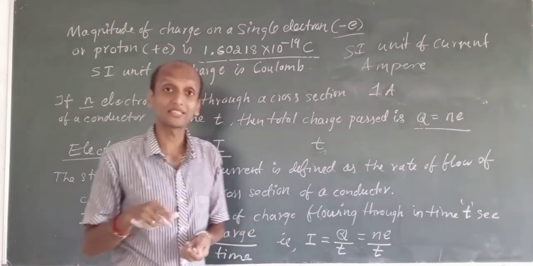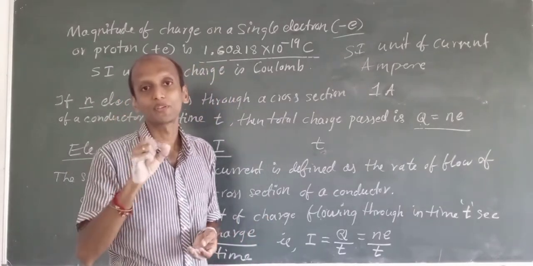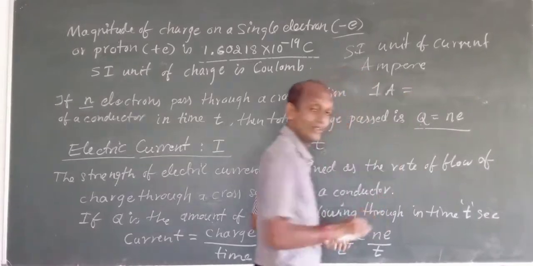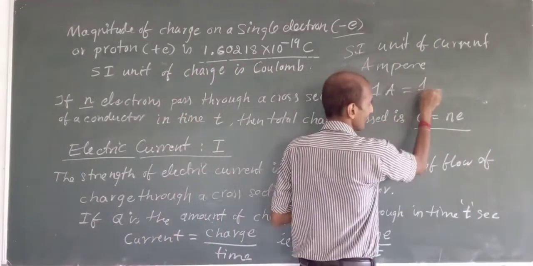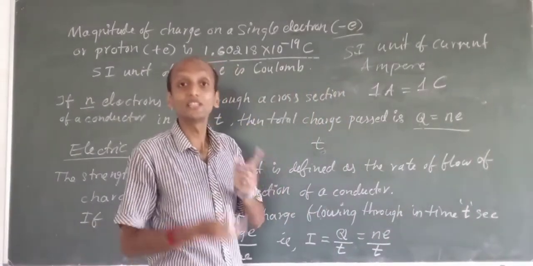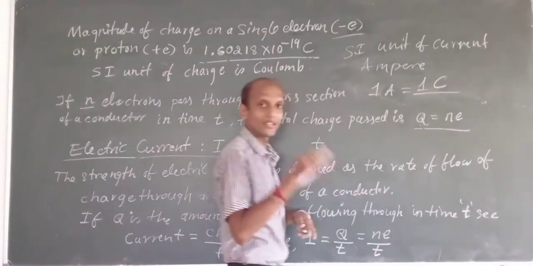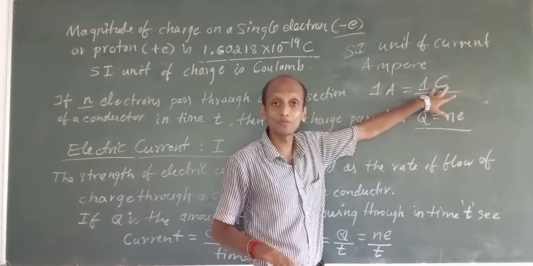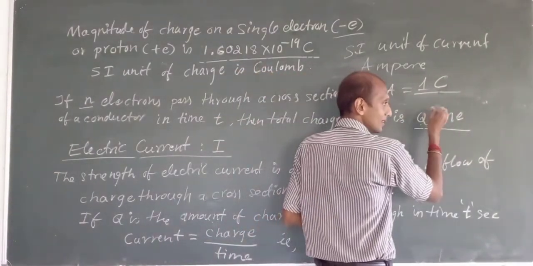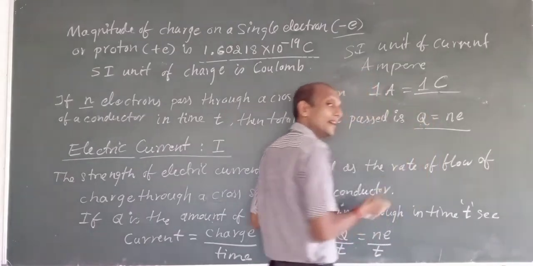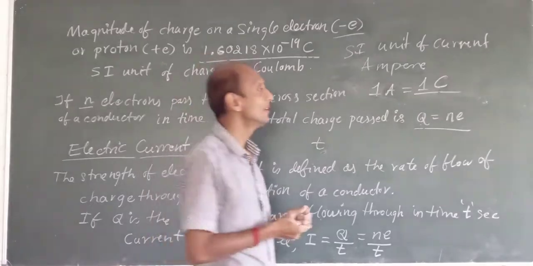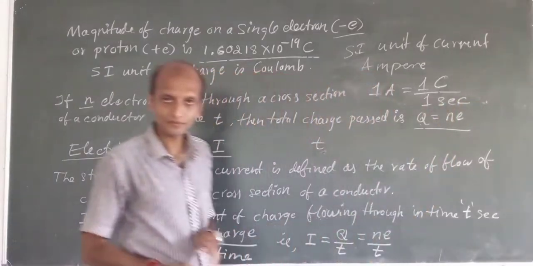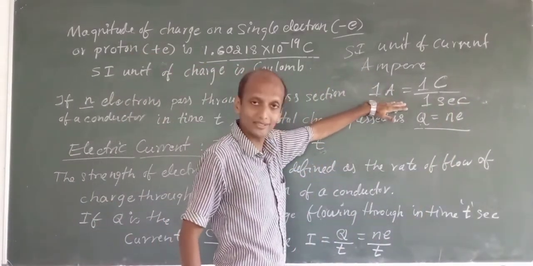If 1 coulomb of charge is flowing through a cross section area of a conductor, then 1 ampere of current is measured when 1 coulomb of charge is flowing through a conductor in time t, that is, 1 second. So what is 1 ampere of current?